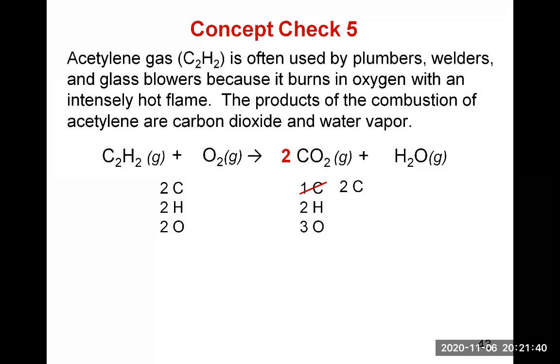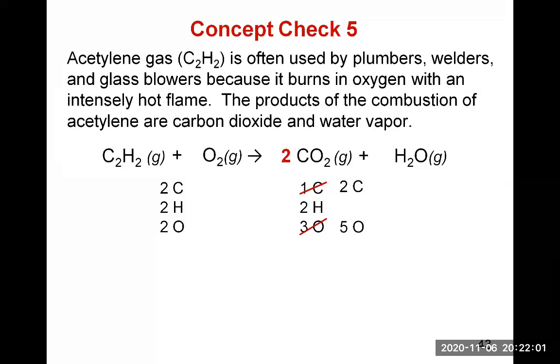So let's count the oxygens again on the right side. We have 2 times 2, the coefficient times the subscript, and that's 4 oxygens from the 2 CO2 molecules plus 1 oxygen from water. So that's 5 oxygen on the right.